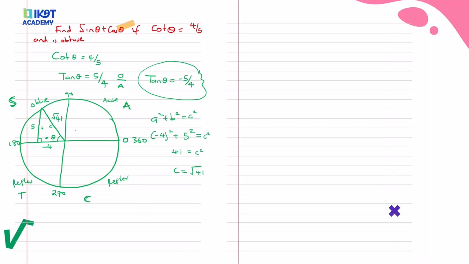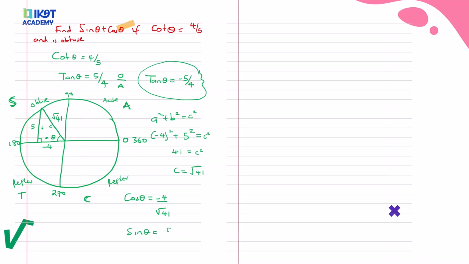So from that, you can now derive your cos theta, which is adjacent out of hypotenuse. Sin theta will be opposite out of hypotenuse.